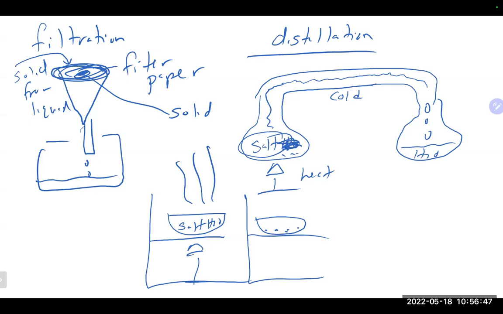We also, around this chapter, talked about the difference between chemical changes and physical changes. Making a mixture is a physical change, while some type of chemical reaction is a chemical change. Question?